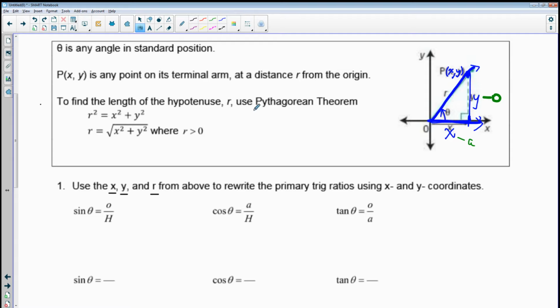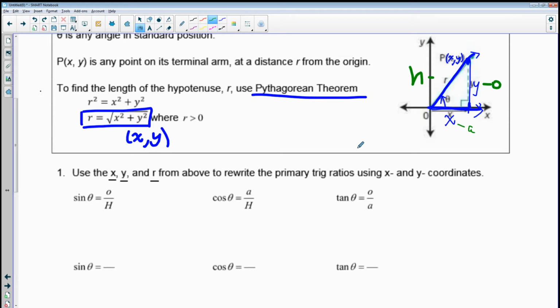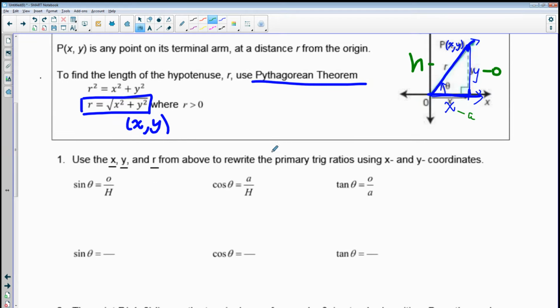Well, that's easy. We can just use the Pythagorean theorem. R is equal to the square root of x squared plus y squared. Remember, the point itself is (x, y). We calculate r. So r is the hypotenuse.